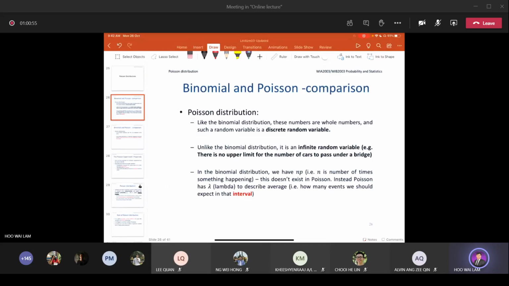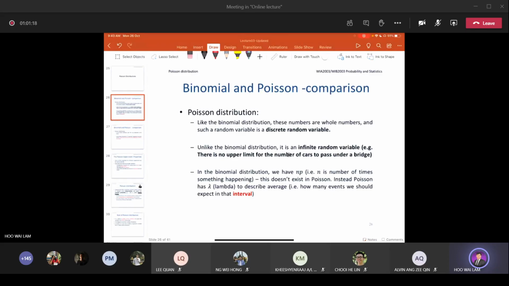You know that the range has an upper limit. But the Poisson distribution is designed to cater to special events, some very rare events that are very unlikely to happen, but can happen.